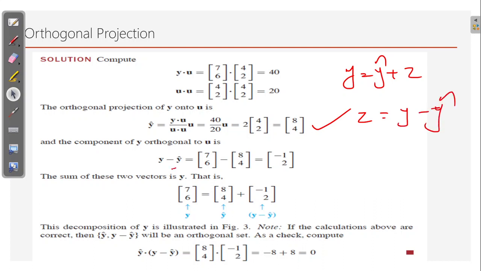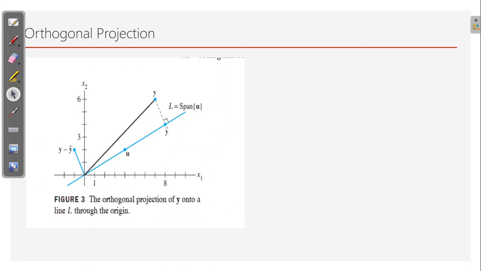So you find out y cap and z. Then you are going to represent y as the sum of y cap and z like this. And this decomposition of y will look like this figure.